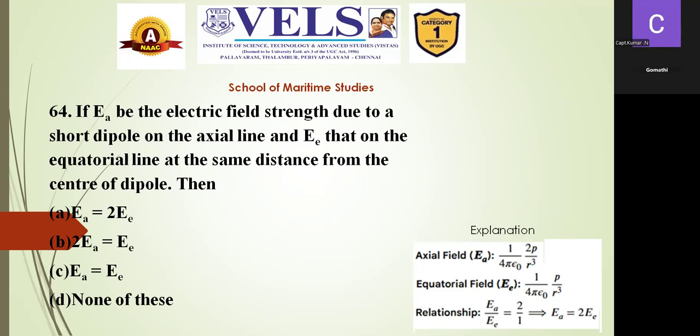The equatorial field EE is equal to 1 by 4 pi epsilon naught, p by r cube. Now we are going to find the ratio between the axial field and the equatorial field. EA divided by EE is equal to 2 by 1. So the answer is EA is equal to 2EE.